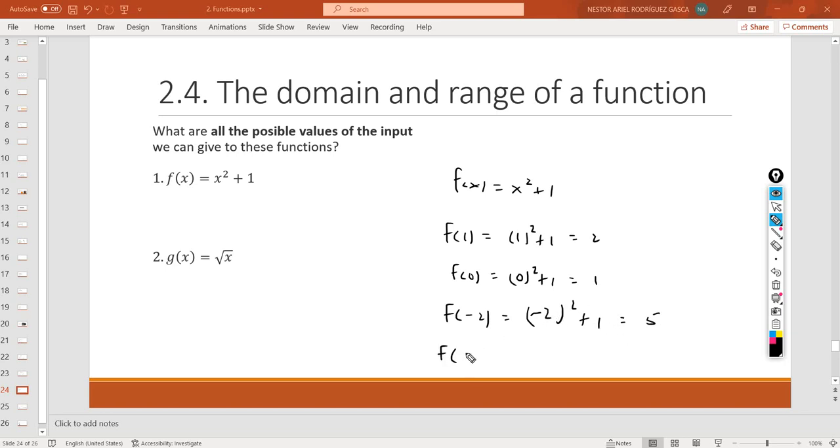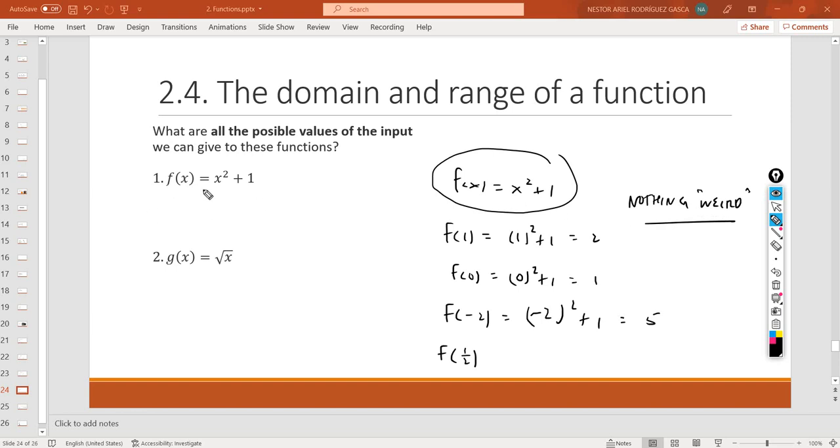I can give fractions, anything, and nothing weird will happen if I give any value to my input variable in this function. Nothing weird. And by weird I mean nothing mathematically unaccepted or nothing mathematically undefined.